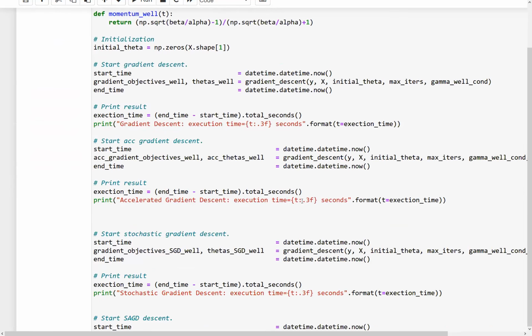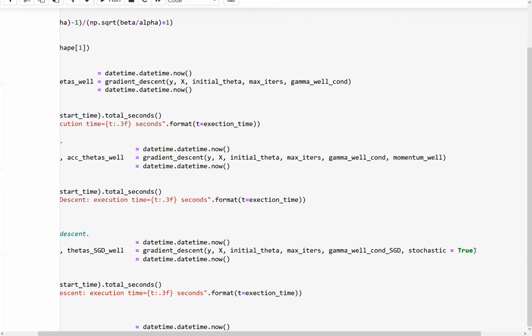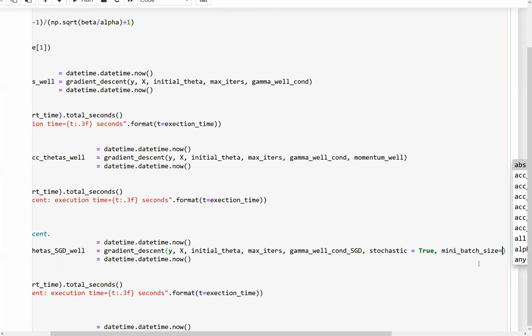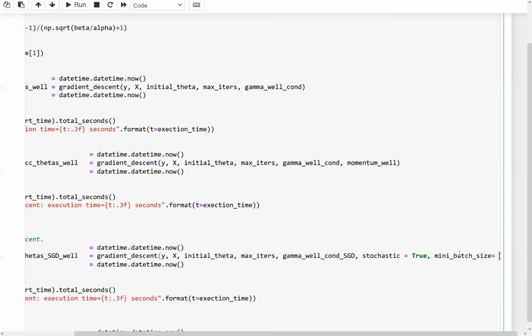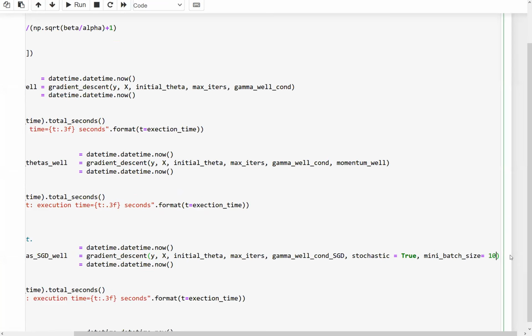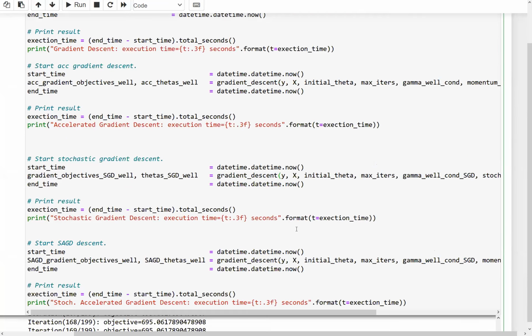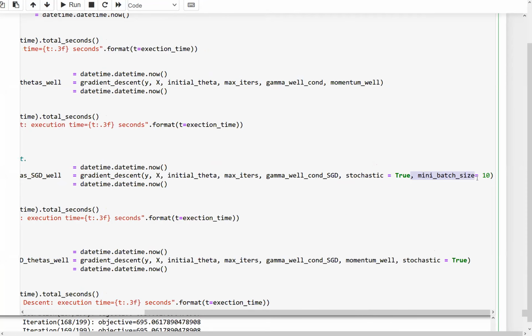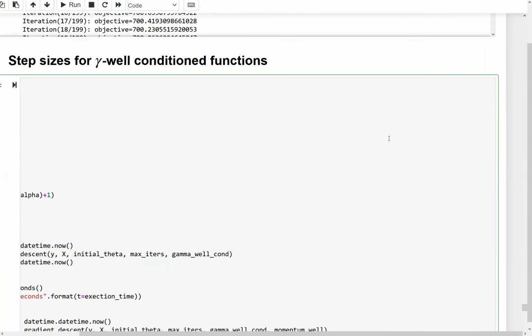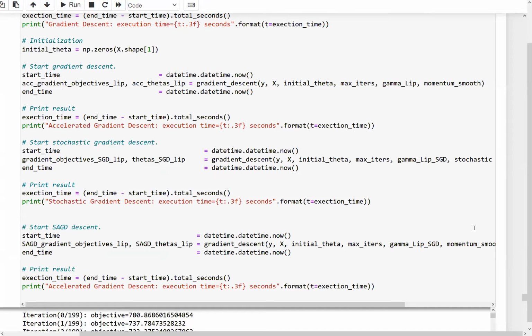But we can also, which we haven't done yet, look at the influence of the mini batch size. So let's perhaps try 10. Is this the right one? No, it's not the right one. Let's have a look what we get then.